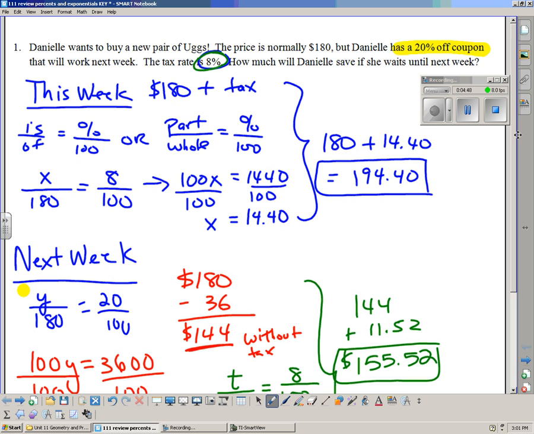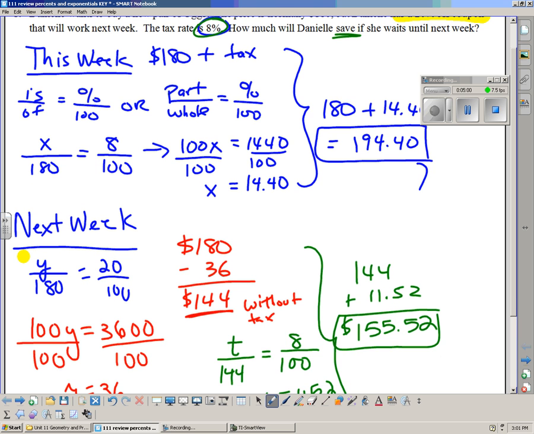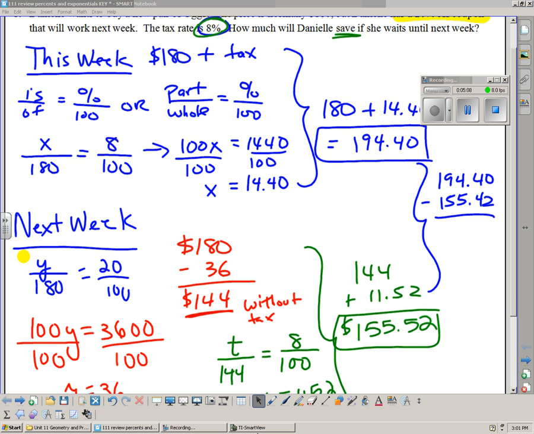The question asked, how much will she save? So originally, if she doesn't wait, she pays $194.40. If she does wait, she pays $155.52. So we would want to subtract these to figure out how much she will actually save if she waits until next week. So we'll do that.